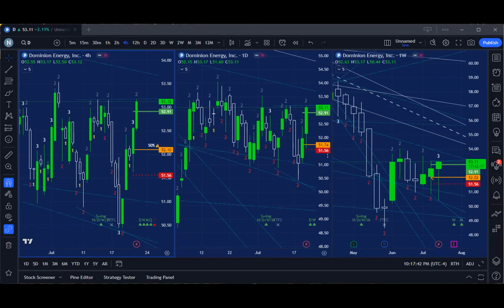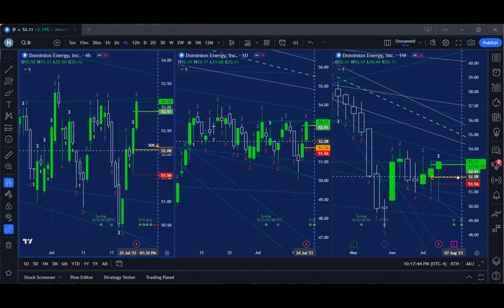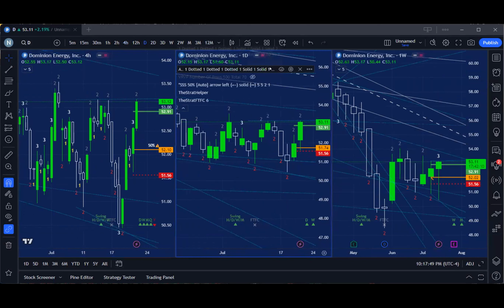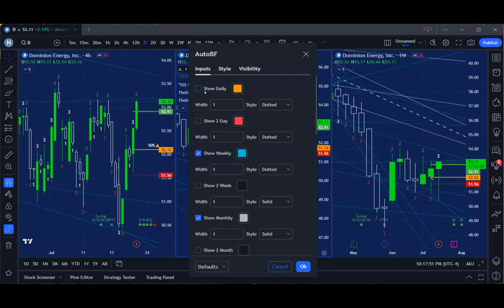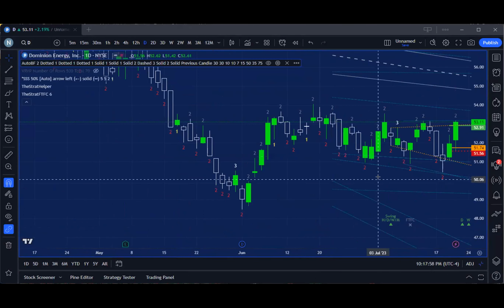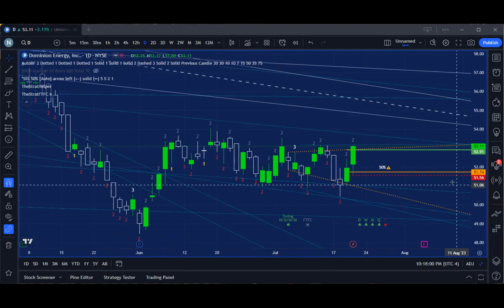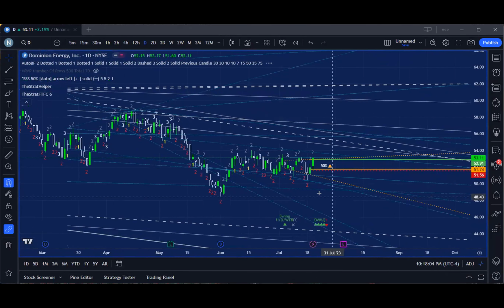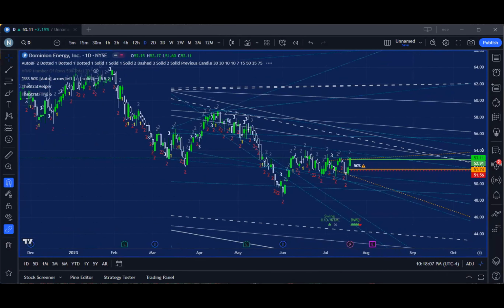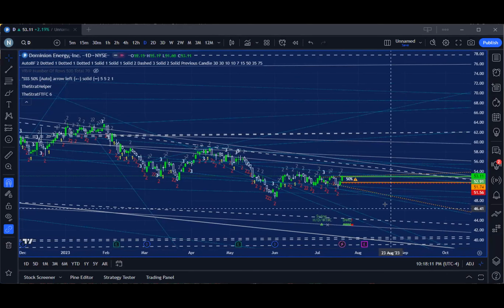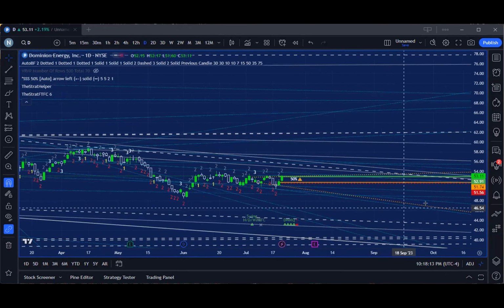So that 55 one, let me go back to my day chart, came from January 7th, around that week of 2021, and it went to December 10th week of 2020. Are you using TradingView with the autos?